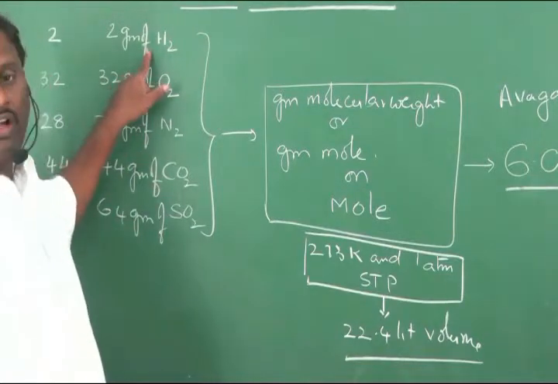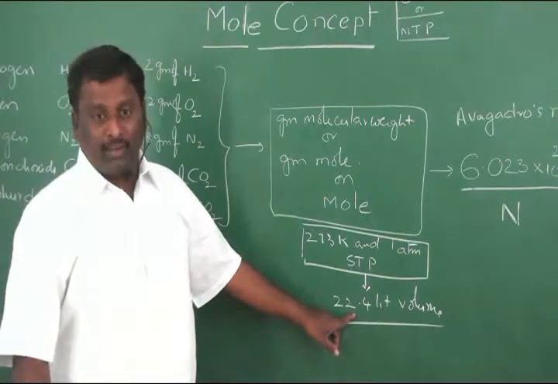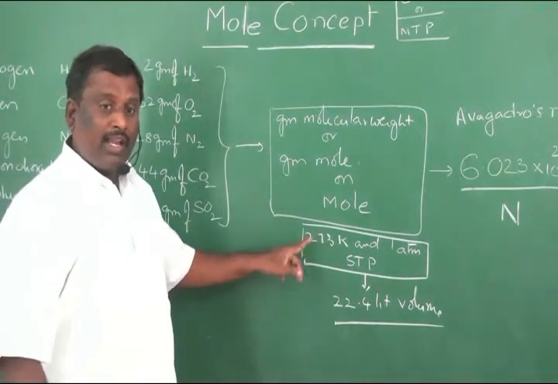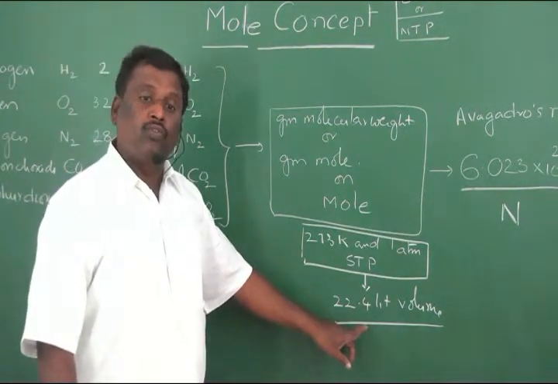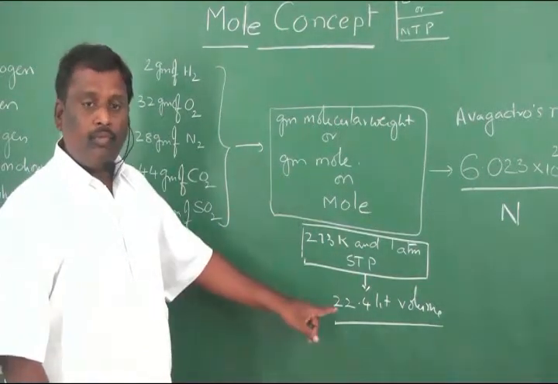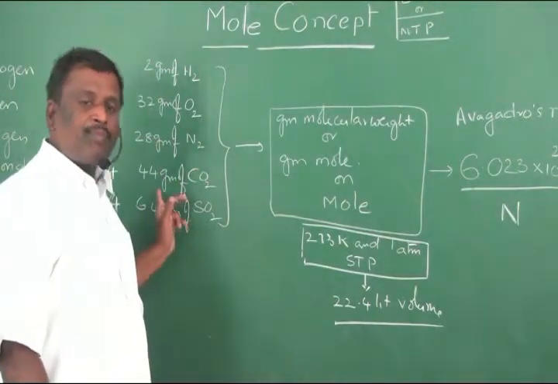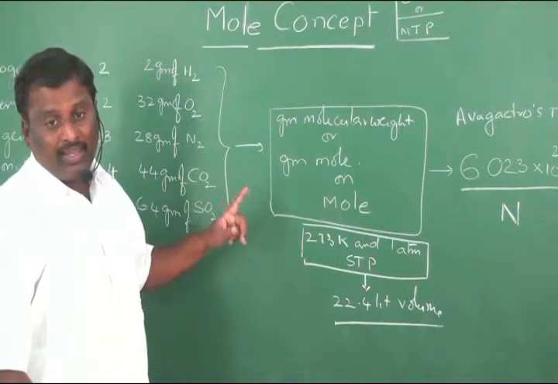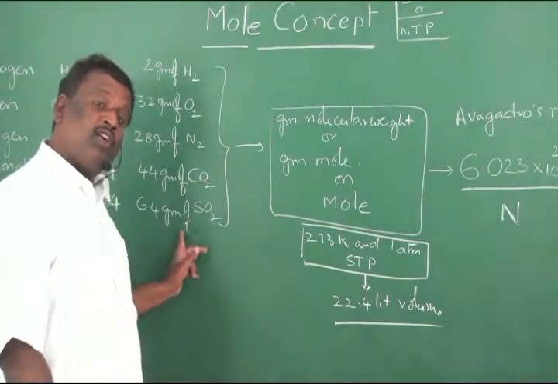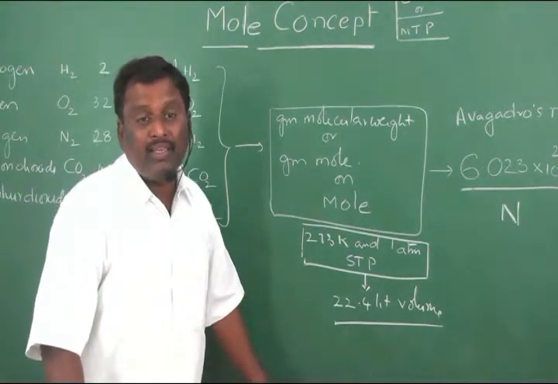That means 2 grams of hydrogen at STP conditions occupies 22.4 liters. 32 grams of oxygen will occupy at STP conditions 22.4 liters. 28 grams of nitrogen will occupy 22.4 liters at STP. 44 grams of carbon dioxide will occupy 22.4 liters at STP. 64 grams of SO2 will occupy 22.4 liters at STP.